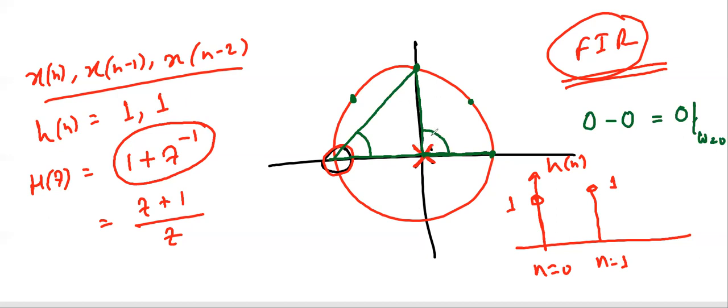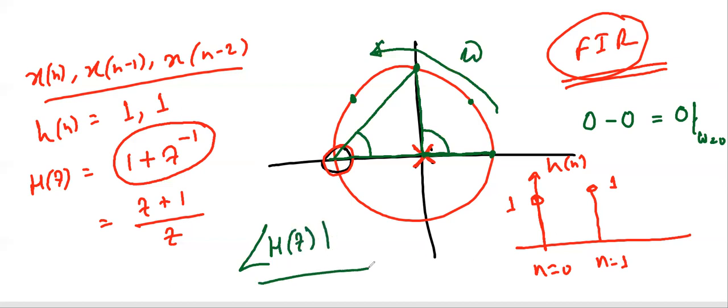Since this is a circular notation, this increment is linear whenever you change the value of omega. The consequence will show that the phase of H(z) works in such a way that it is a linear procedure.